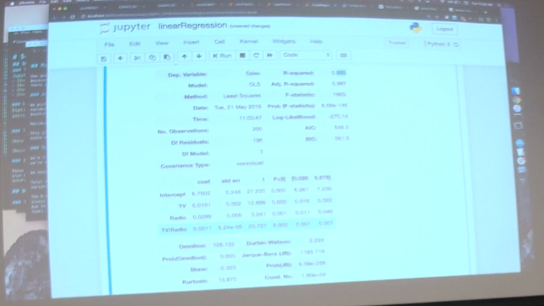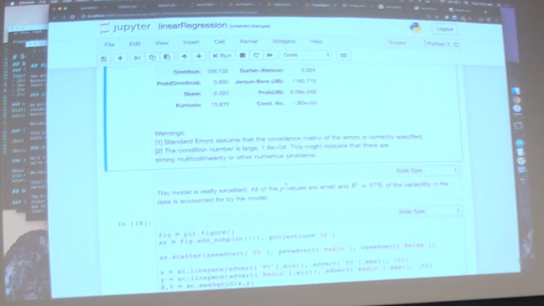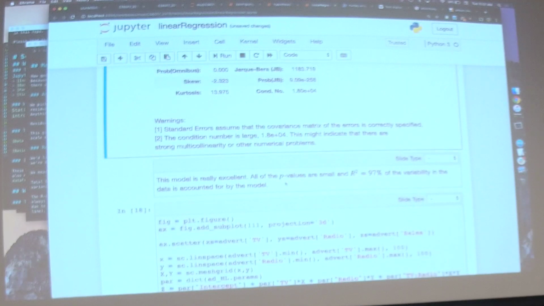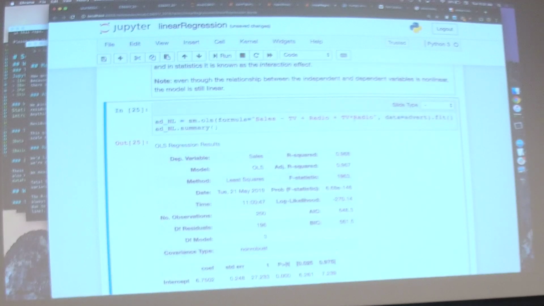We see that for TV times radio the p-value is 0, so there is some linear relationship between sales and TV times radio. We have an even more accurate model because we included this nonlinear relationship stuff.